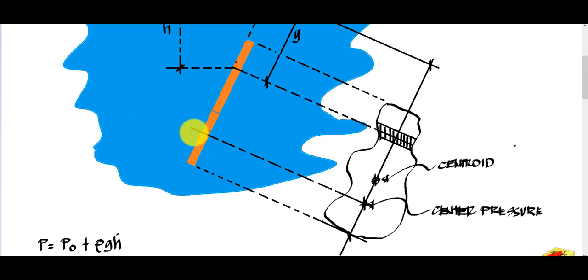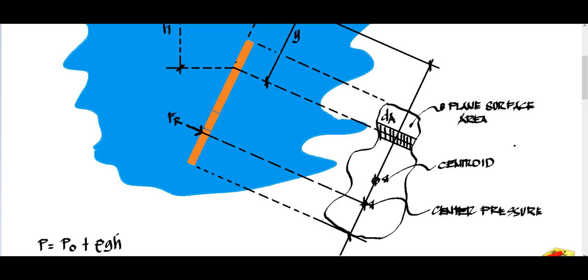So at this point we have our resultant hydrostatic force Fr acting. Then, since we do not know the area, we take a strip here. So this is now our differential area, dA, and this is the plane surface area.